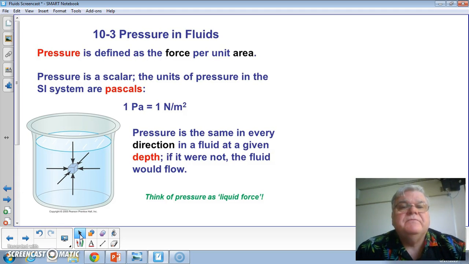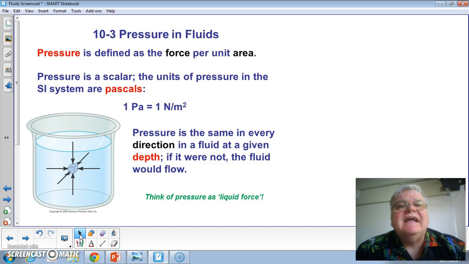Pressure in fluids. Okay, now we're getting down to some real physics here. Pressure is defined as force per unit area. Pressure is a scalar quantity. If you remember those, they have size, magnitude only. They don't have a direction, just a size.